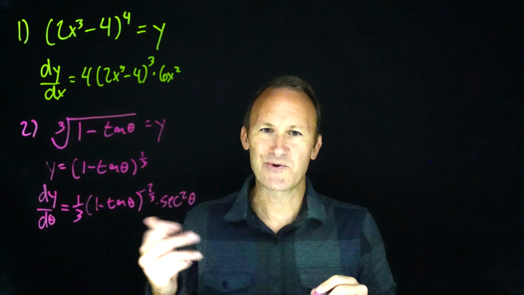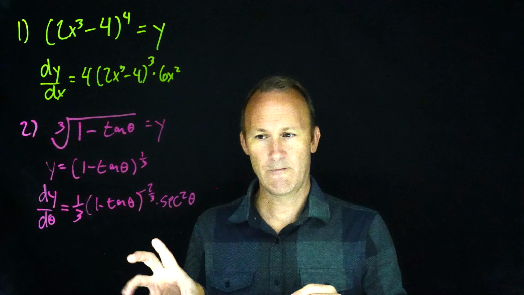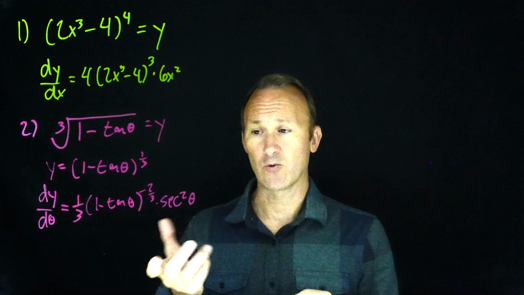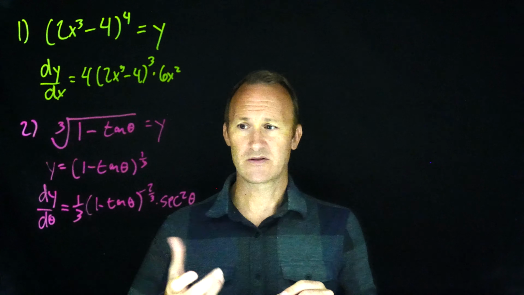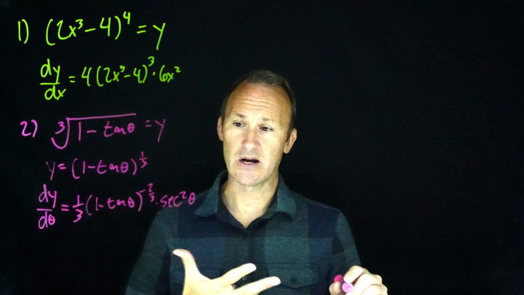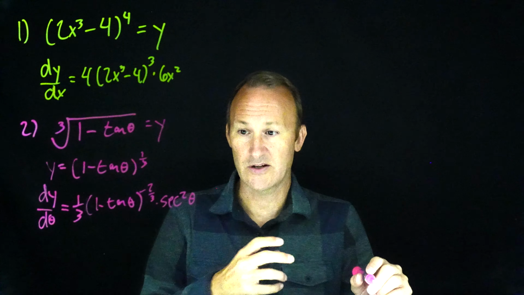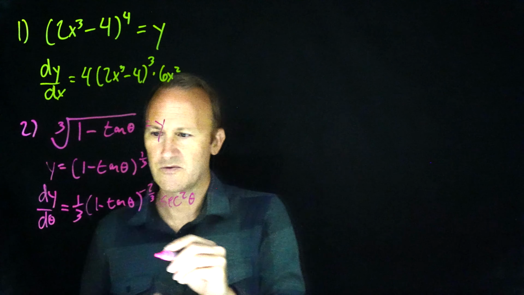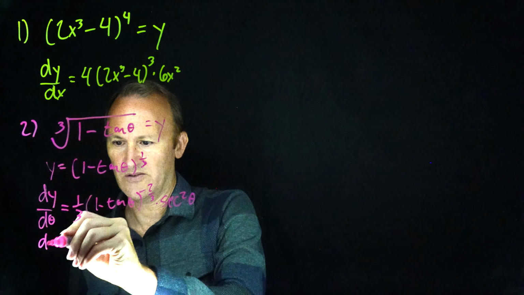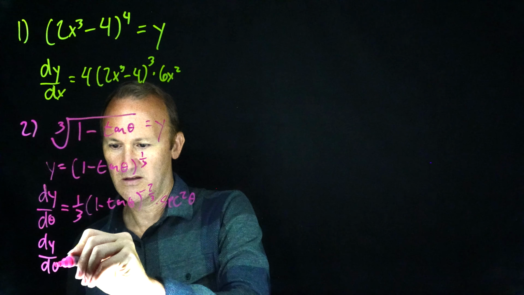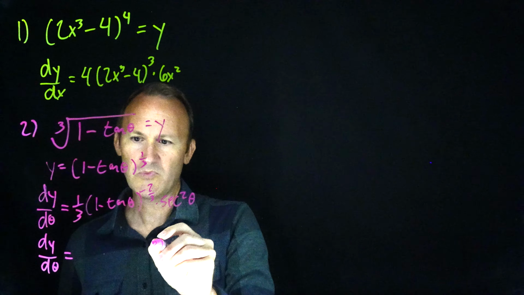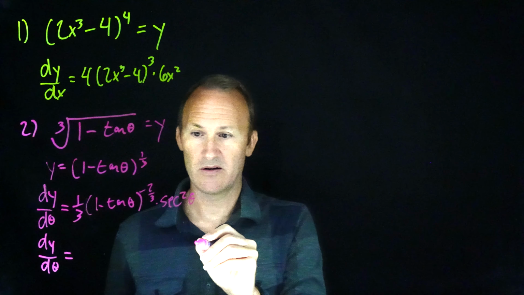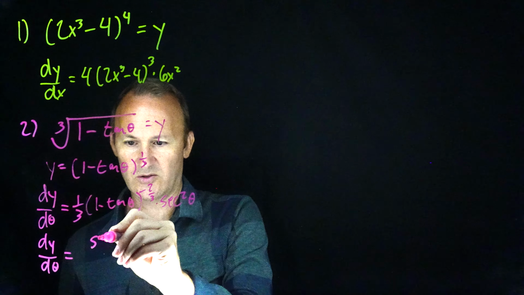Okay, let me just show you the way solutions might sometimes write this. You should be aware of it. Sometimes in calculus, students might say, well, I got this, and I check my solution, and it's stating something different. So another way you might see this: dy d theta equals, let's look at numerator and denominator. In the numerator, we've got the secant squared theta.